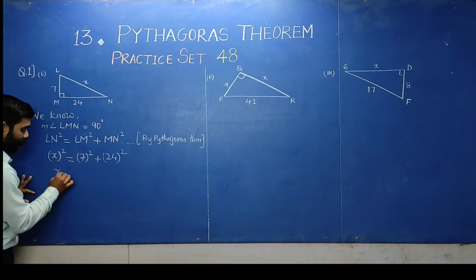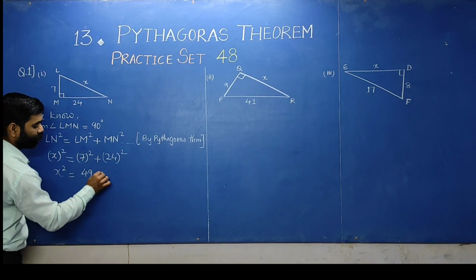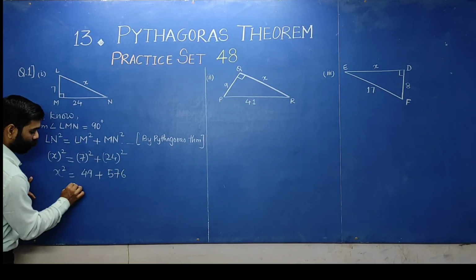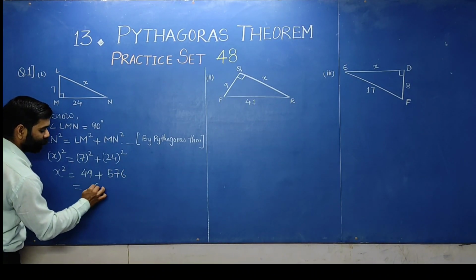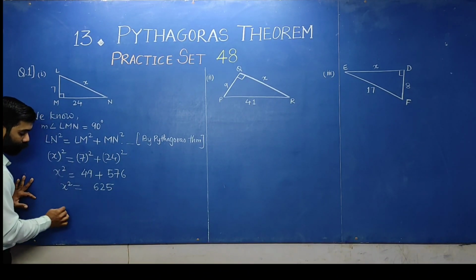x square is x square, 7 square is 49, 24 square is 576. 49 plus 576 is 625, so x square is 625.